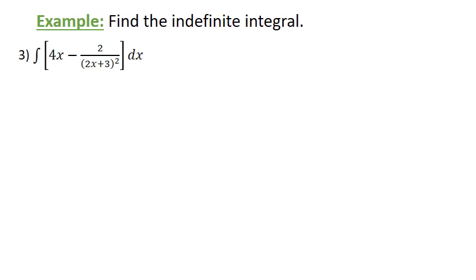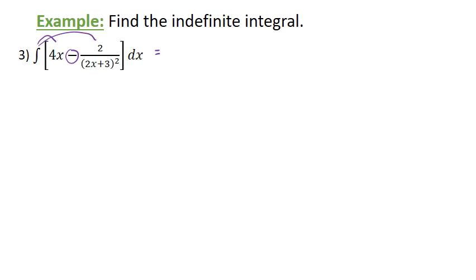Here's another example. In this example here, I'm basically subtracting two different functions. So in this case, I can integrate this and then subtract it from the integral of this.